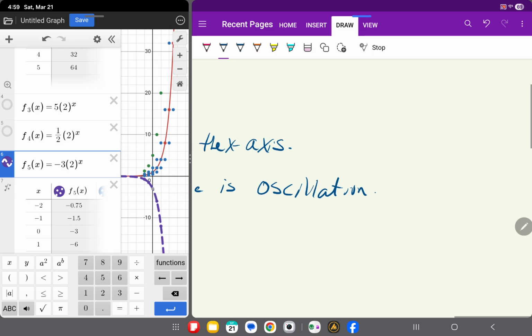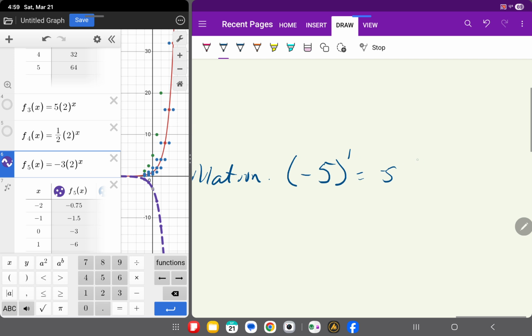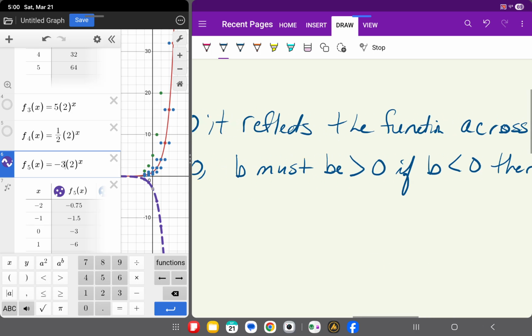Okay, so what it means is that, for instance, if we had a -5 here, and we have a positive number, we get a -5. However, if we get -5 raised to the second power, so we squared, you're going to get a +25. So we're going to have things that oscillate between negative and positive because of the exponents. So we cannot have it ever be a negative base. All right.